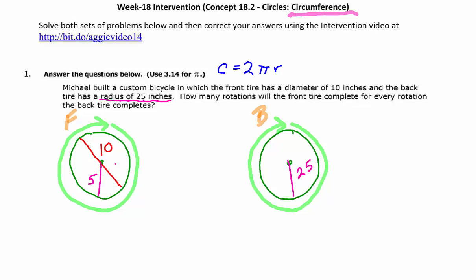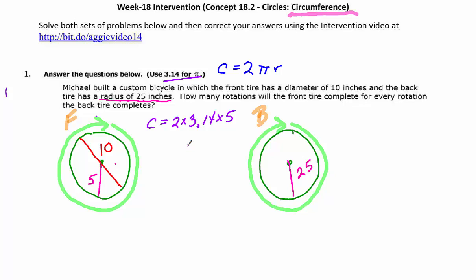So for the front tire, I know that the circumference is equal to 2 times 3.14, because that's how much they told me pi was, times the radius, which I said was 5. Now, I can do this in any order I want to. When you multiply 2 times 3 times 4, 2 times 3 is 6 times 4 makes 24.